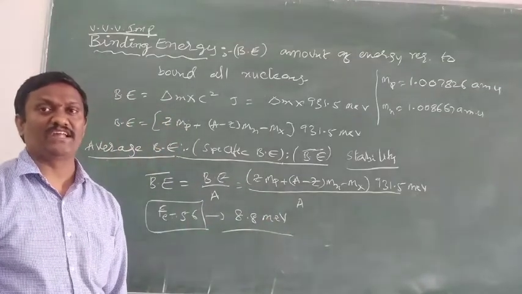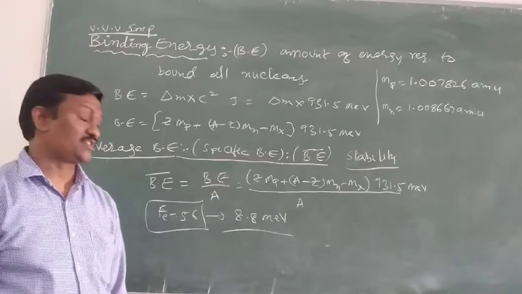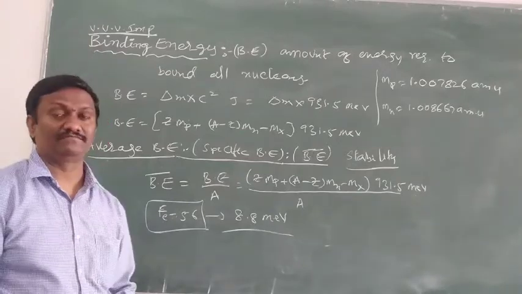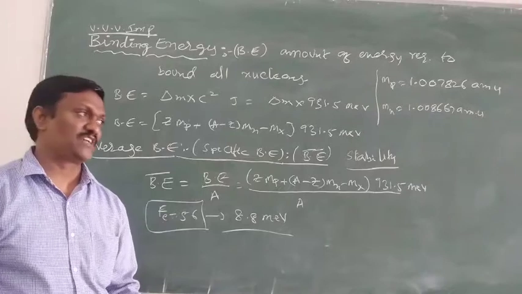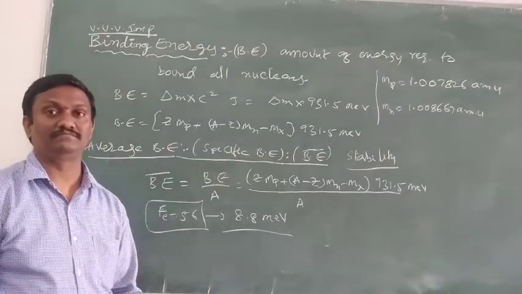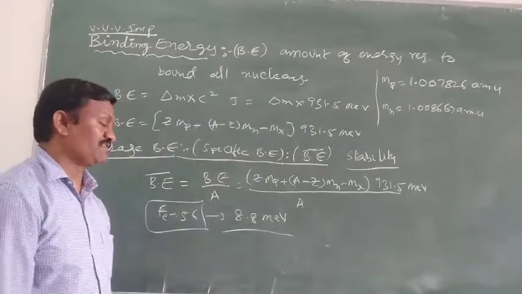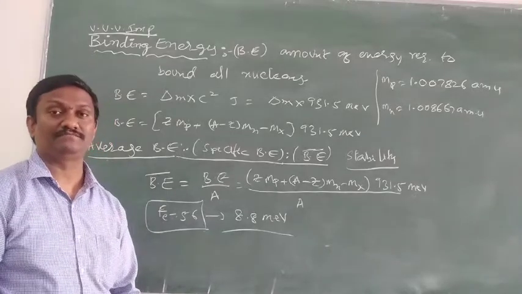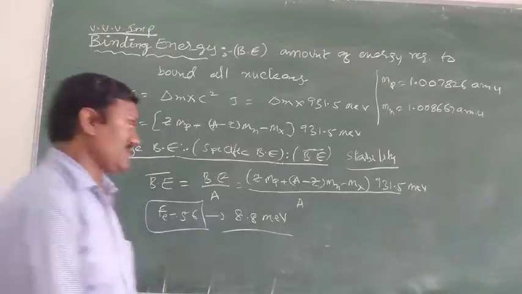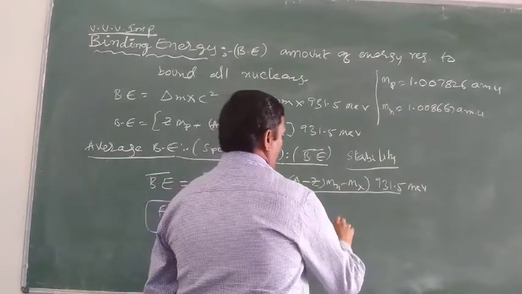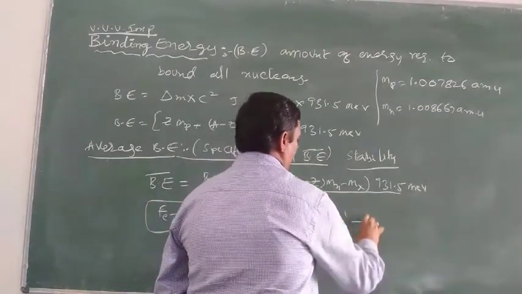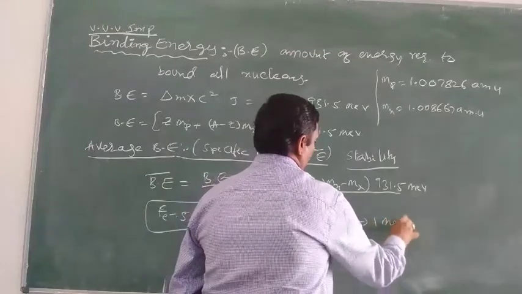The highest binding energy, the most stable element, is iron-56. That is why iron never undergoes nuclear fission or nuclear fusion. Next, among all elements, the lowest average binding energy is the proton, around 1 MeV.